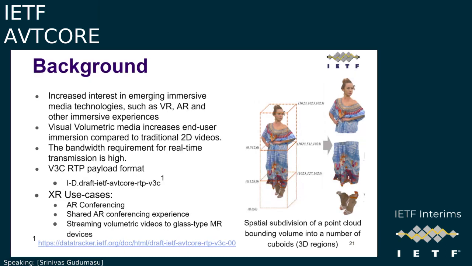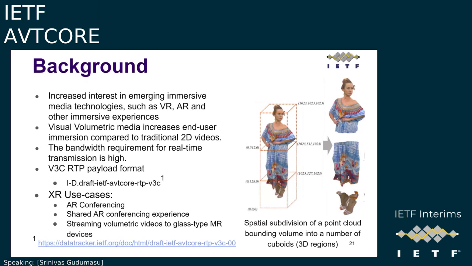So the MPEG 3DG working group has developed a video-based coding standard, V3C, video-based visual volumetric coding. And we also have an RTP payload format for transmitting the V3C coded data, and that was submitted into the AVT core working group, and it's currently in the working group stage. The details are provided in the slide.